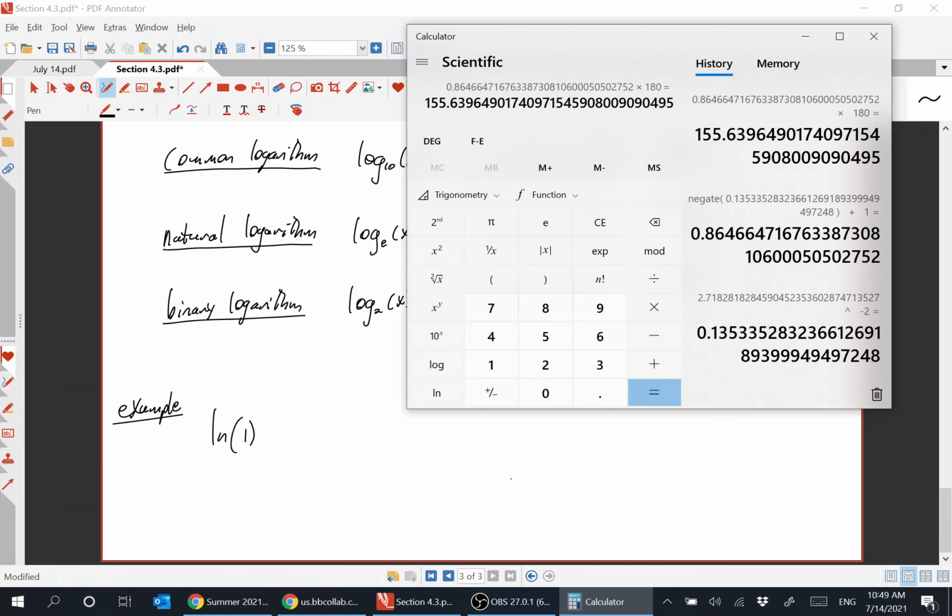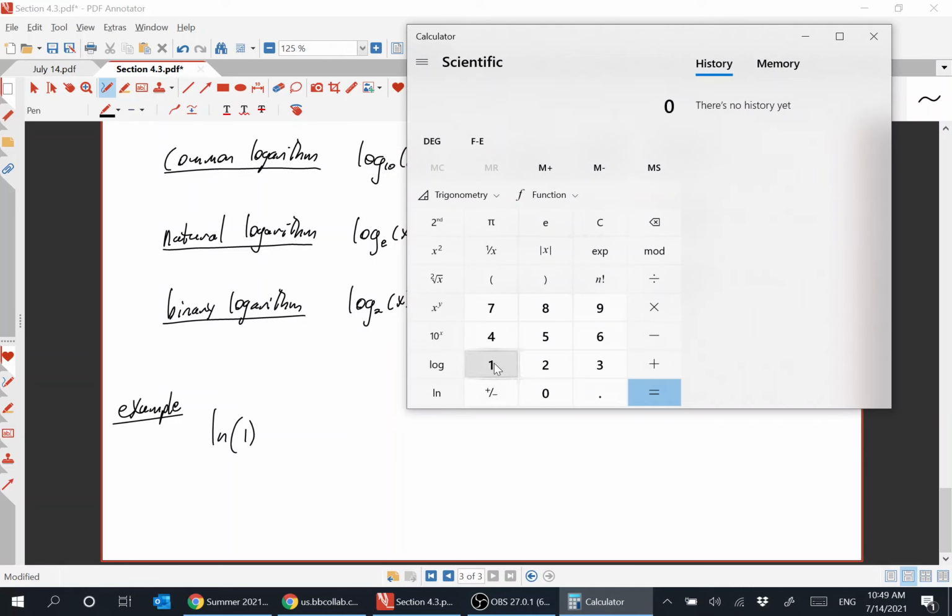This one uses reverse notation. First I hit the 1 and then ln, and it gives me 0. So it says what I entered right here. So that's ln of 1.